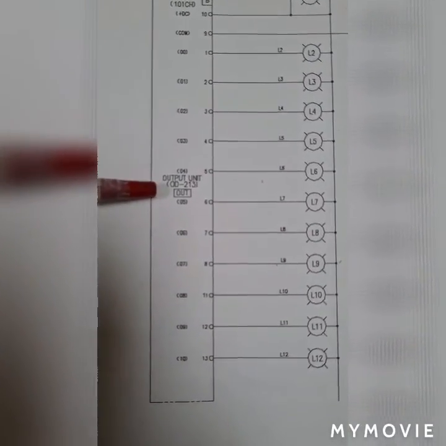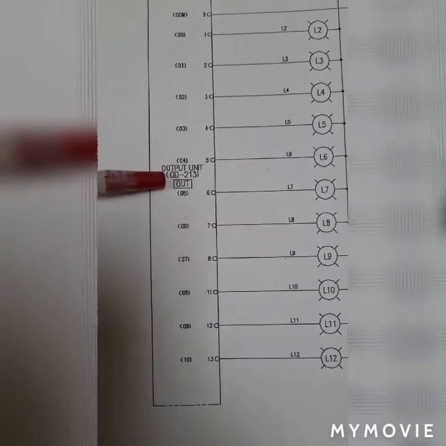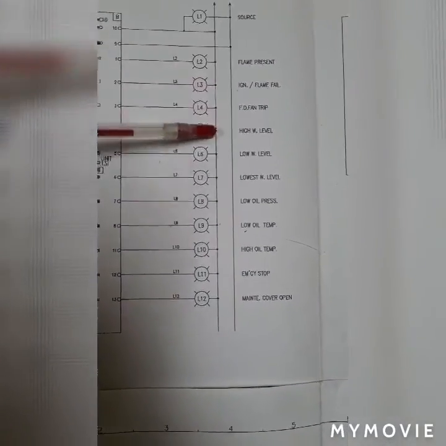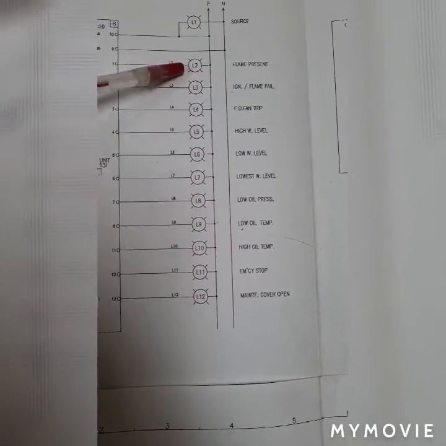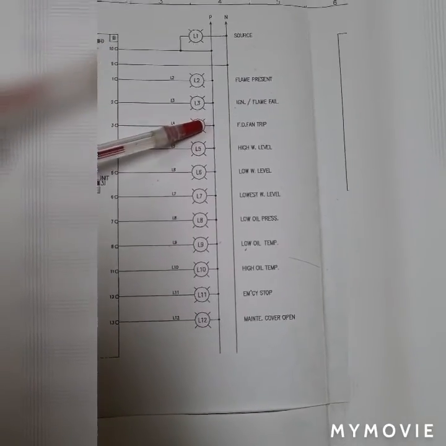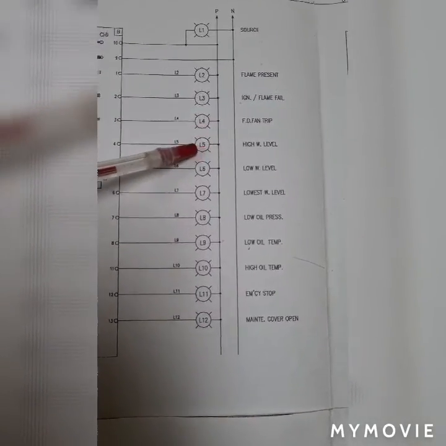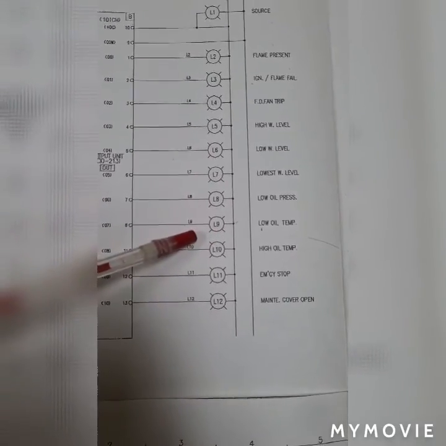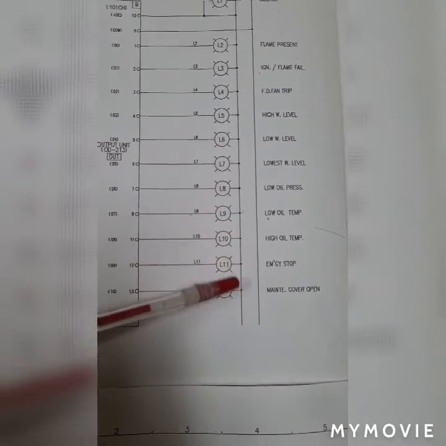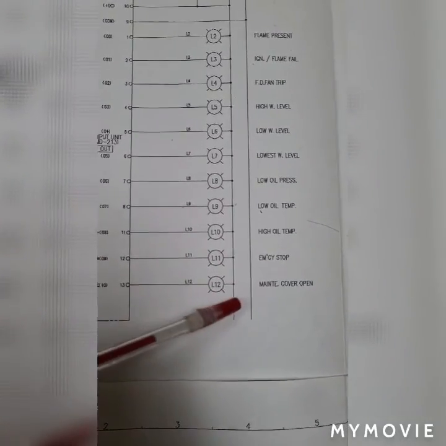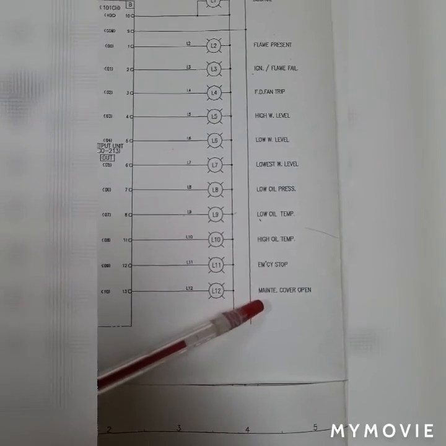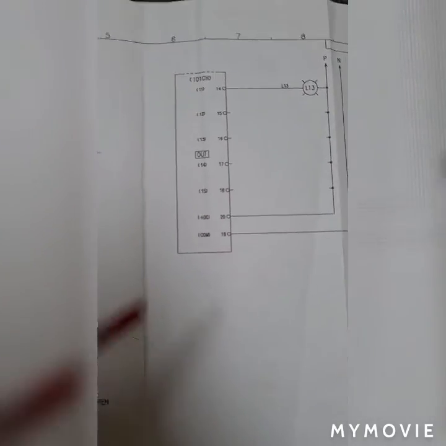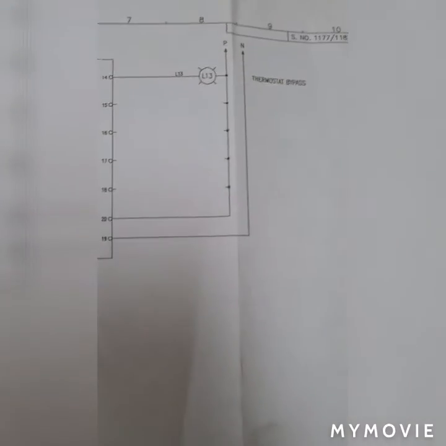This is the output unit 0D213 out, 101 channel, from which all the indicator lines are being connected for the flame present, ignition flame pin, fire damper, fan, force draft fan grip, high water level, low water level, lowest water level, low oil pressure, oil temperature, high oil temperature, emergency stop, and maintenance operation, limit switches open up to output 13, 14, thermostat bypass.